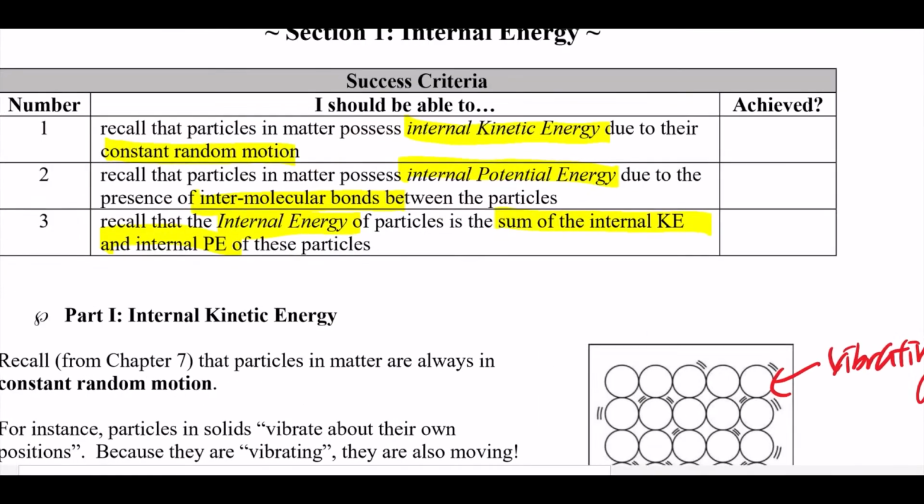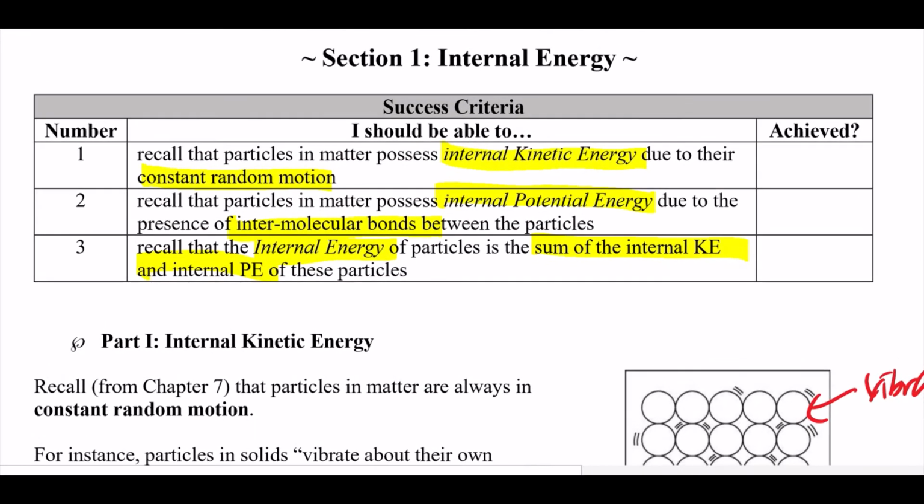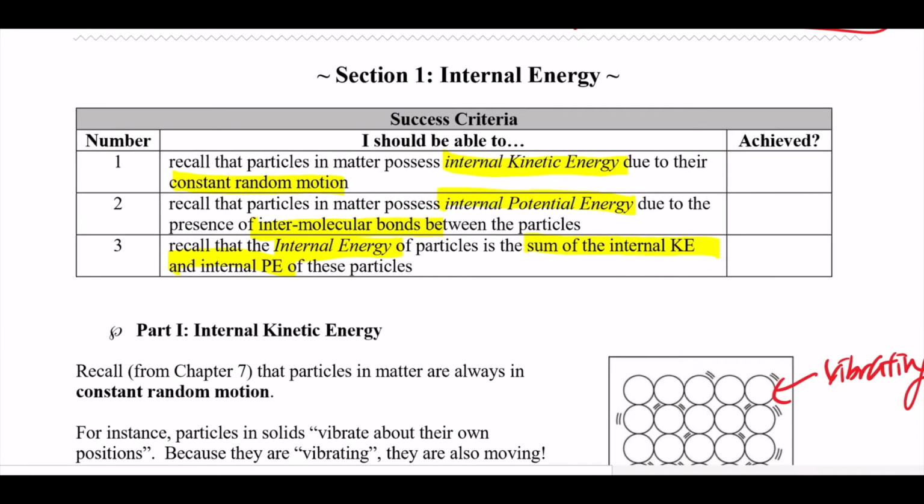So we try to relate the energy of the particles in this chapter. Recall that particles have internal kinetic energy. I'm going to emphasize this a little bit in this video: when we talk about the energy possessed by the particles in a substance, we use the word internal. I'll explain why we have to do so.